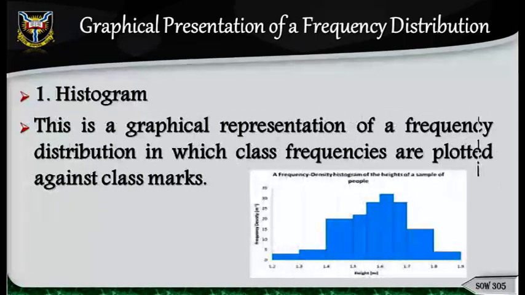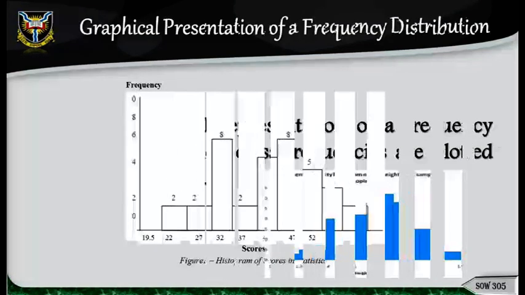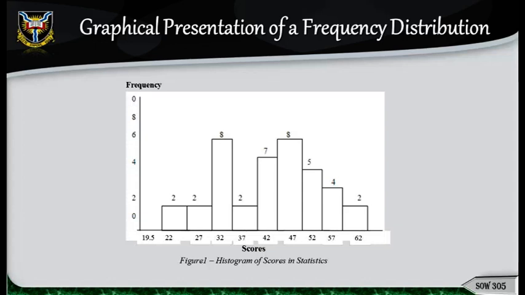the ogive. 1. Histogram. This is a graphical representation of a frequency distribution in which class frequencies are plotted against class marks. Then class frequencies are represented by vertical bars centered at the class marks, whose area is proportional to the frequency.